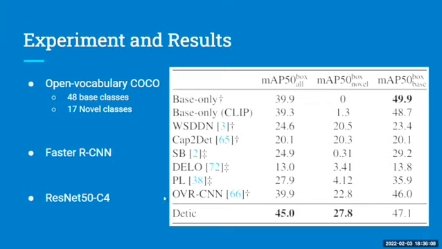And detic outperforms OVR-CNN on all the different classes. It also outperforms all the other methods mentioned here. It only gets beaten by the base class for just the common image labels.